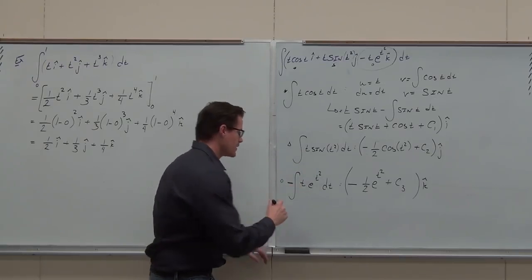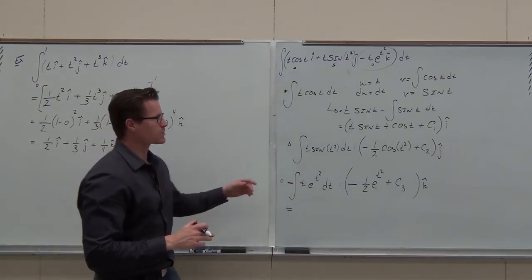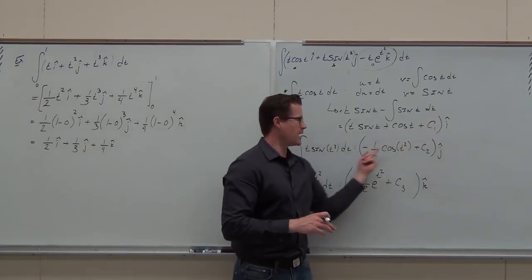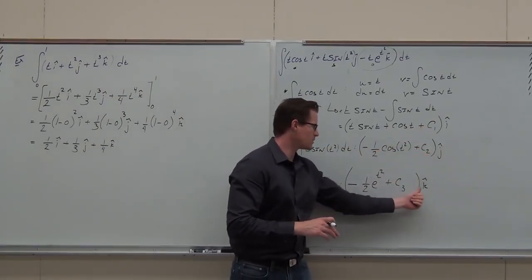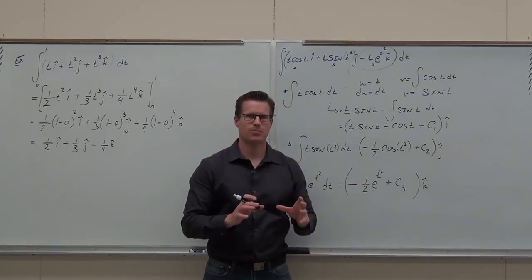So, we did our integral. Our integral says we have this whole thing i, this whole thing j, minus this whole thing k. But wait a second, I want you to look at this.